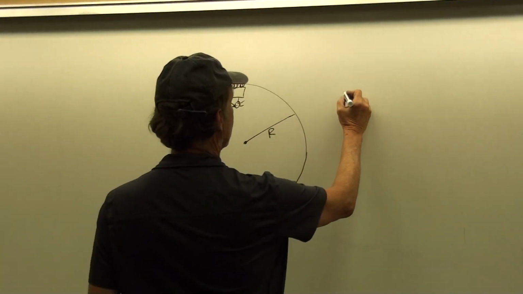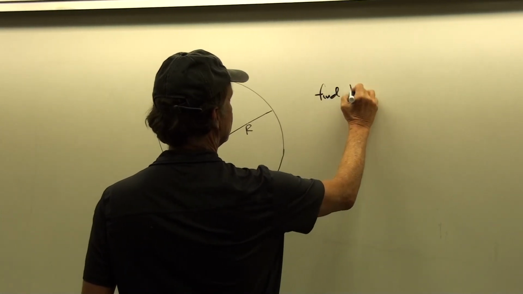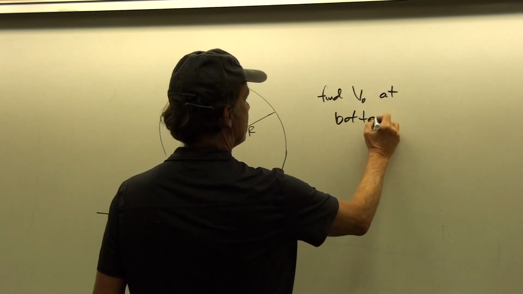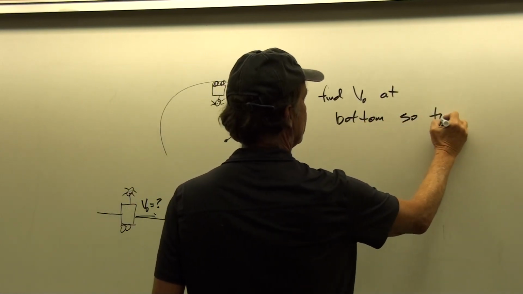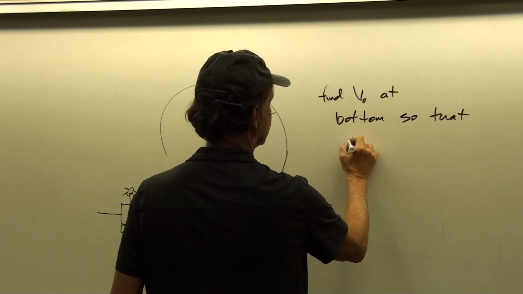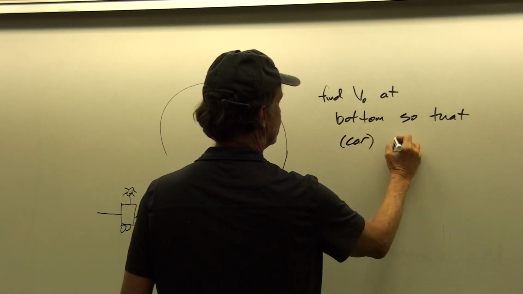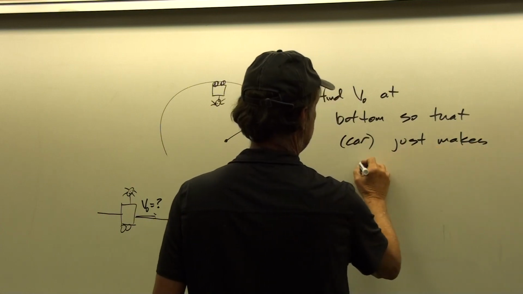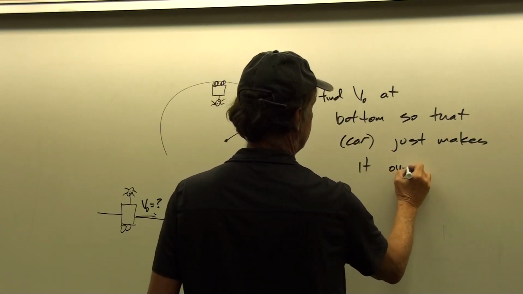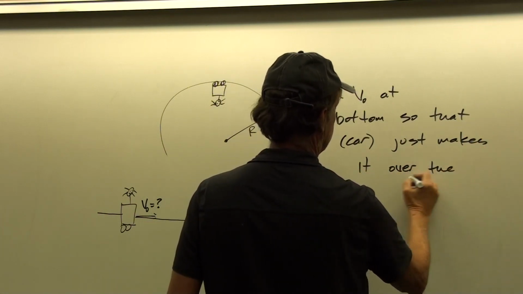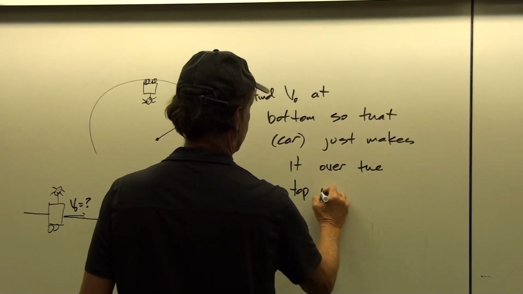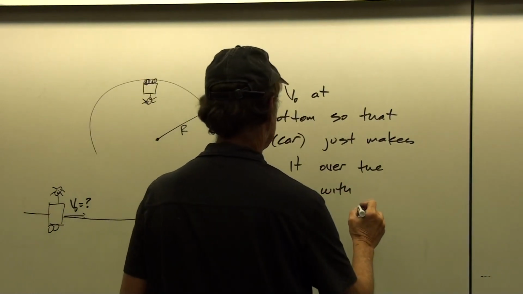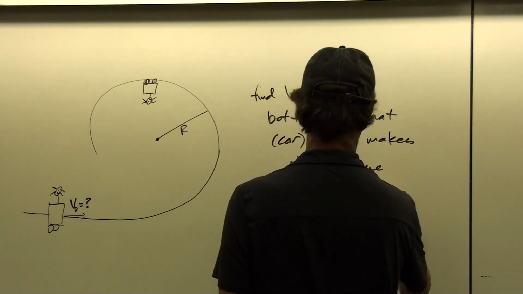Okay, so let's find V naught at the bottom so that the car, in this case, just makes it over the top, without the wheels losing contact with the track.